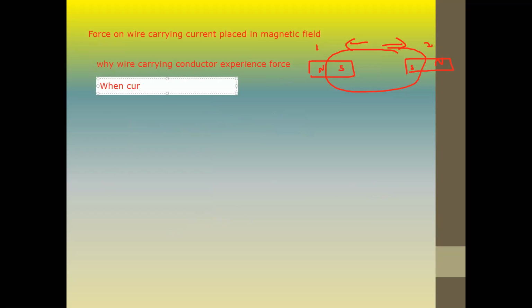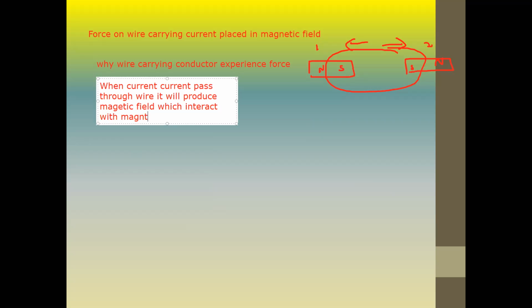When current passes through the wire, it will produce a magnetic field which interacts with the magnetic field of the magnet or a permanent magnet.